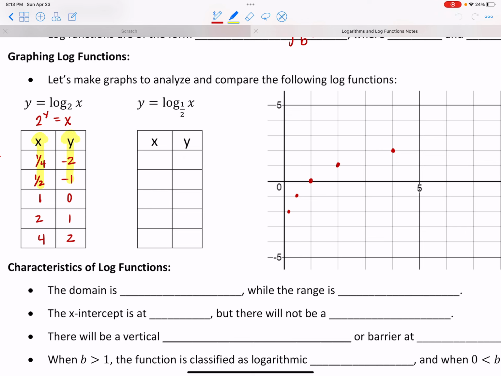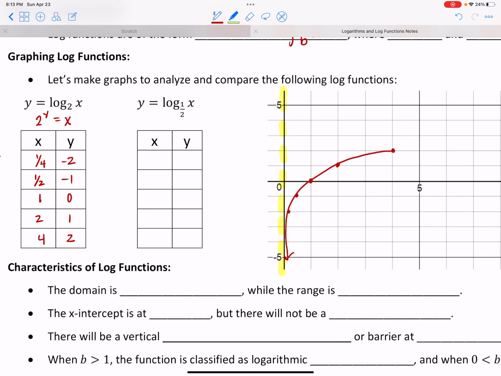Those are our x values. So as y approaches negative infinity, x approaches 0. And so we're approaching the axis this way. Instead of a horizontal asymptote at 0, we see a vertical asymptote at 0.